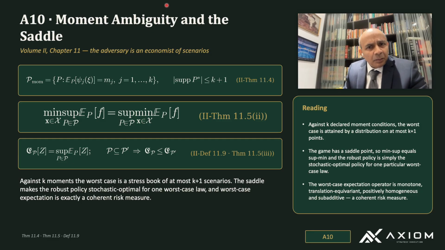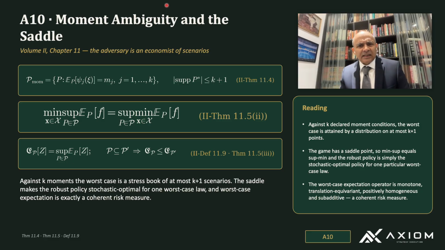The game has a saddle point, so the min sup equals sup min, and the robust policy is simply the stochastic optimal policy for one particular worst case law. The worst case expectation operator is monotone, translation equivariant, positively homogeneous, and sub-additive, a coherent risk measure.